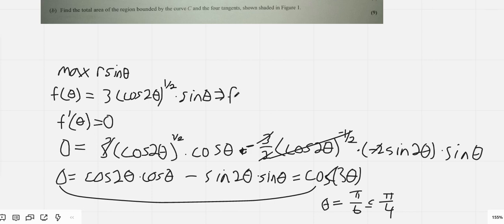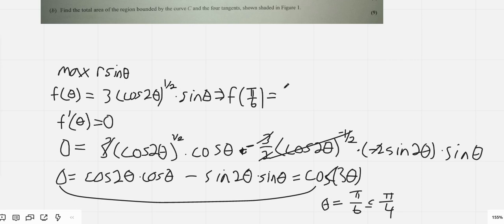So we have f of pi over 6, and we will get, so sine of pi over 6 is 1/2, cosine of 2 times pi over 6 is cosine of pi over 3, which gives also 1/2, but it's under the square root.